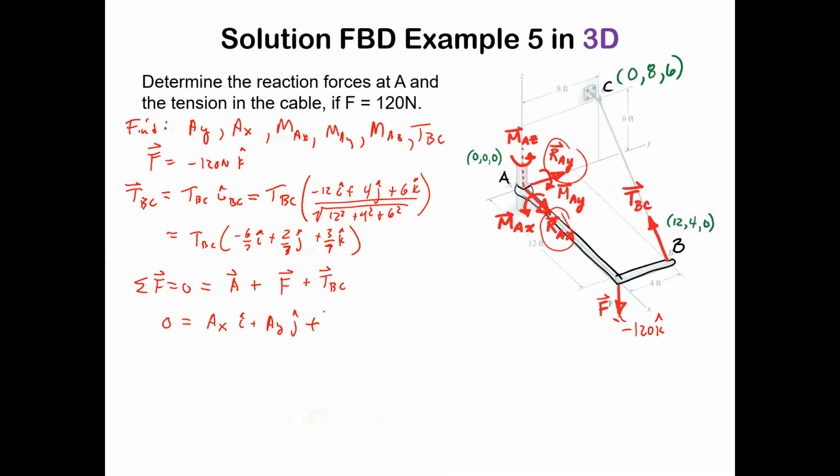And then there's this minus 120K for F. And then there's going to be minus 6/7 TBC I plus 2/7 TBC J plus 3/7 TBC K.